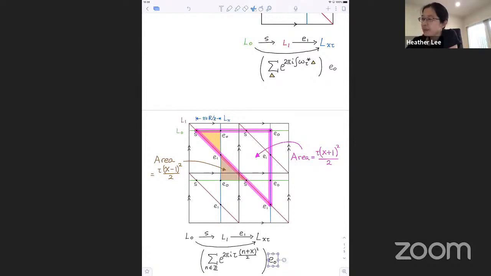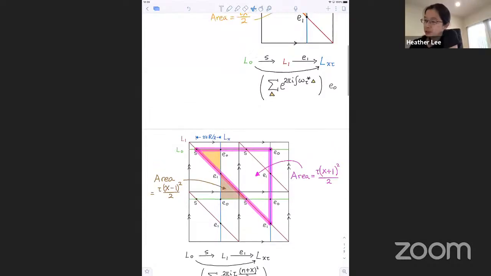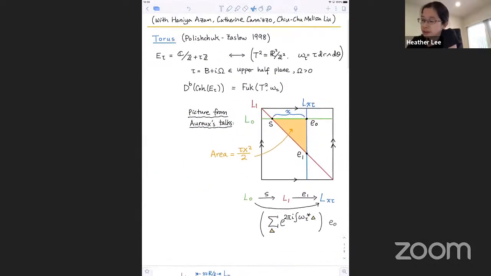So this whole story is in the Fukaya category of the symplectic torus. And this is supposed to be equivalent to the derived category of coherent sheaves. And so this equivalence is going to tell us that Lagrangian submanifolds in here correspond to line bundles and skyscraper sheaves in here.